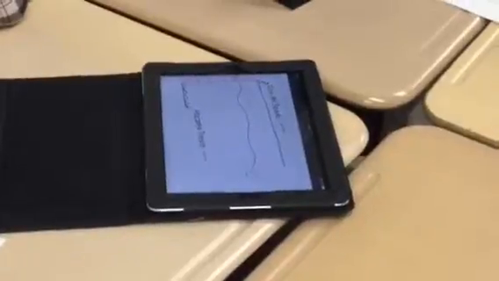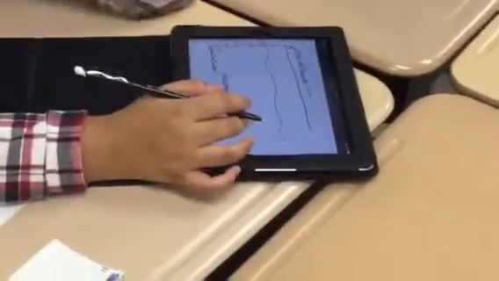So the depth... yeah, because it's 1,200 because it's period 2.